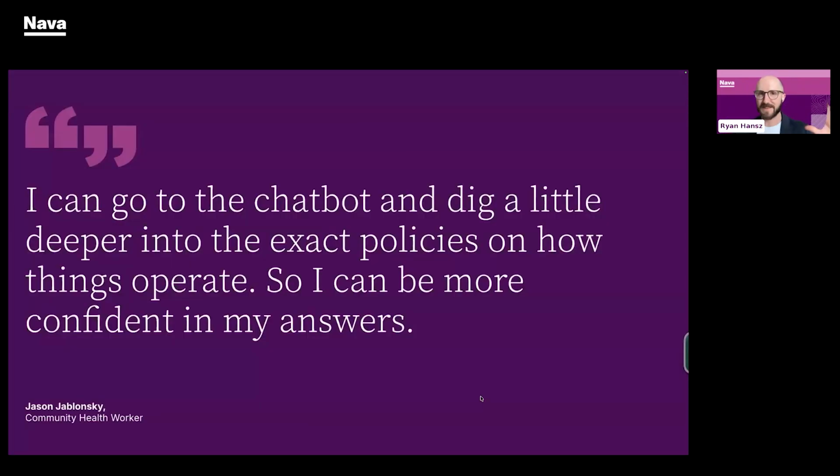And so all of this is in service not just of showing a 40% accuracy boost. That's great. But ultimately, we also want to hear things like this that we heard from Jason, where he was actually able to use this tool in his workflow to either prepare ahead of time, dig a little deeper into exact policies and how things operate so he can be more confident in his answers.